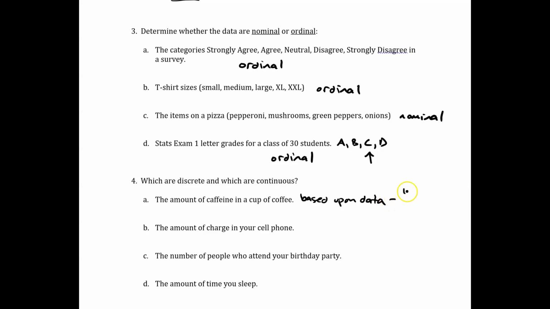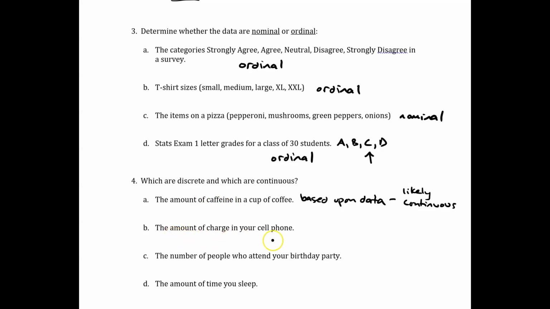I would say that it's likely that this is going to be continuous, and that is because despite a whole number of milligrams of caffeine often being reported as being in a cup of coffee, the actual amount of caffeine most likely is not that whole number. And so the amount of caffeine we're probably talking about includes fractions or decimals.